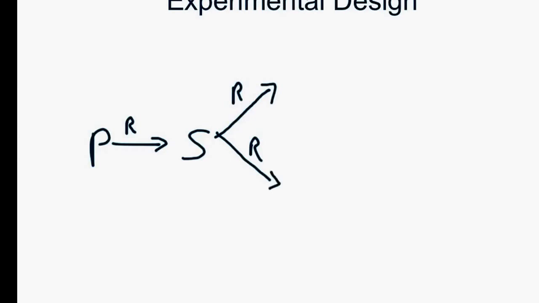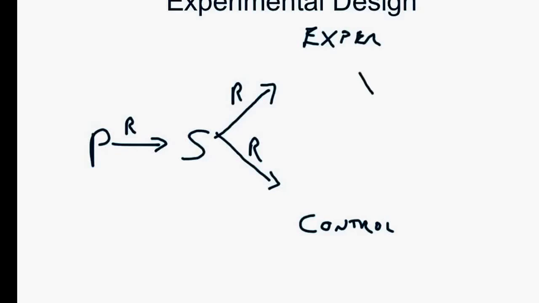We're going to assign them to the experimental group, and we're going to assign the other to a control group. And the difference is simply what level of the independent variable they get. The experimental group will get our manipulation.